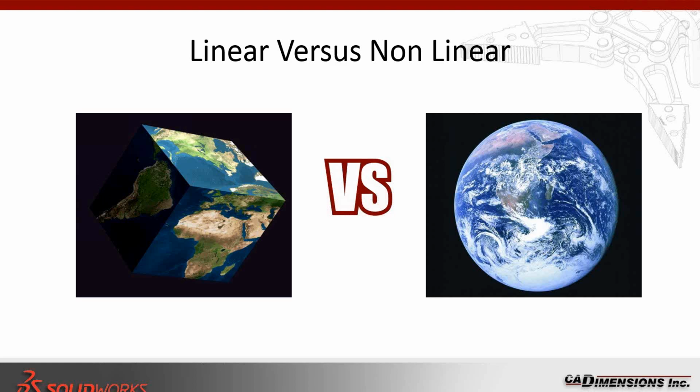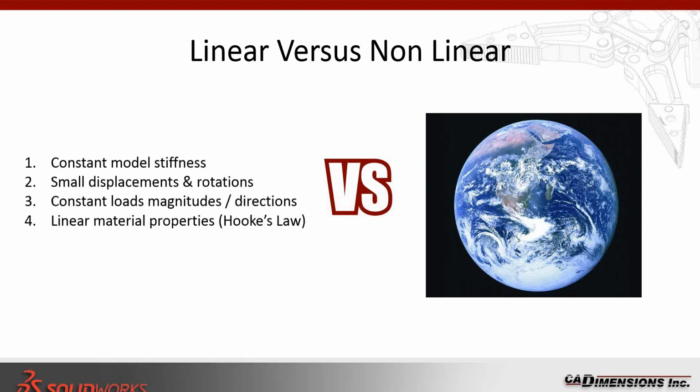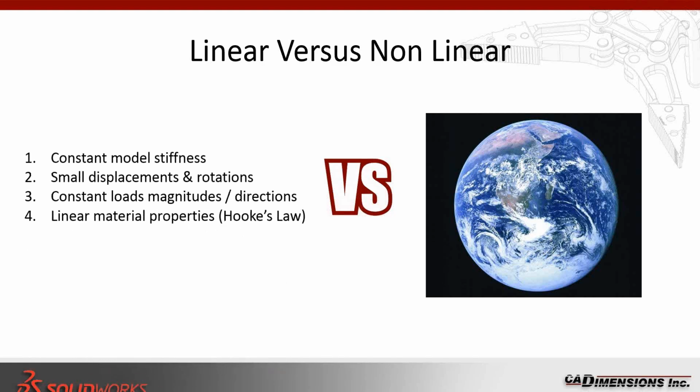And when we break down the linear versus nonlinear, you'll see that when you run a linear analysis, for one, you are assuming constant model stiffness. So the stiffness in your models, in your assembly, does not change throughout the simulation.